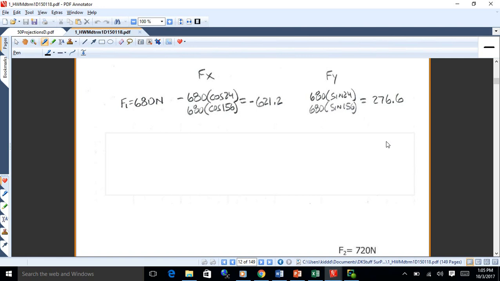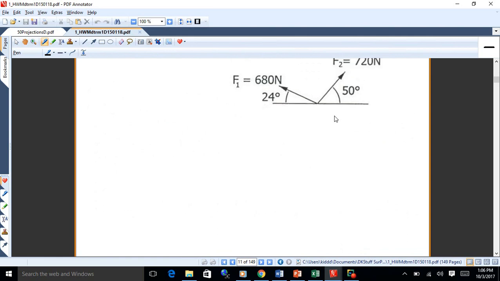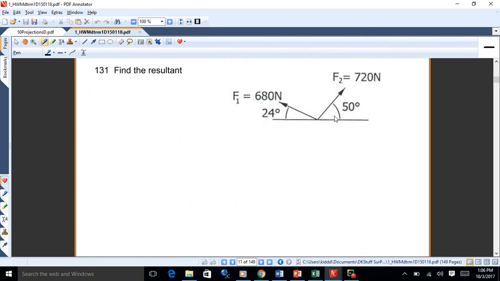We started off doing it graphically, and then we shifted over to doing it with trigonometry, okay? So if you're trying to figure out how to do something and you're not quite sure, the first thing to do is to look at what we did in class and try and find a template for how to approach a problem. And this one has one, okay?